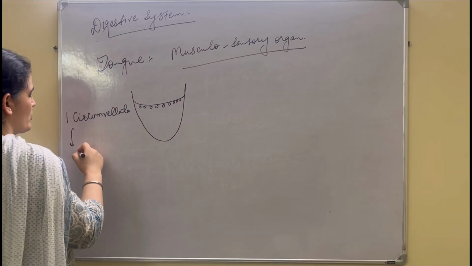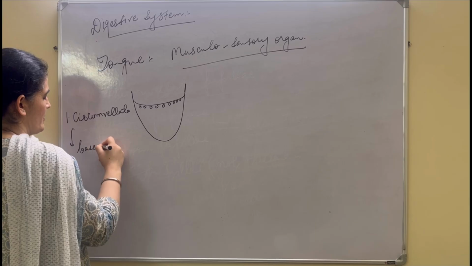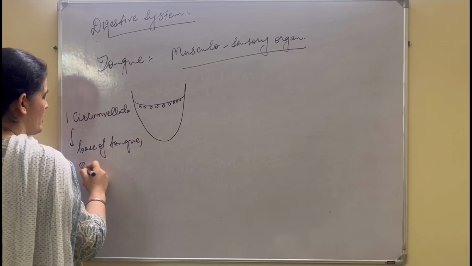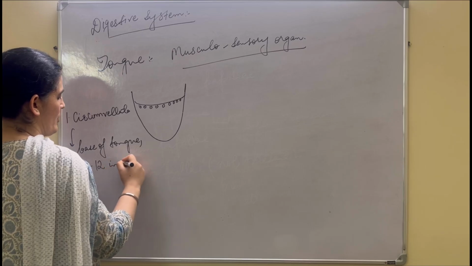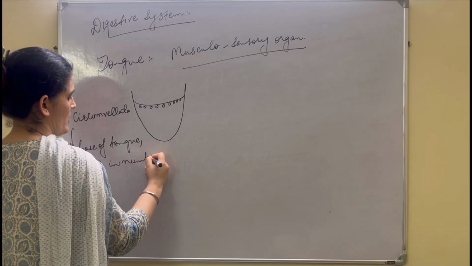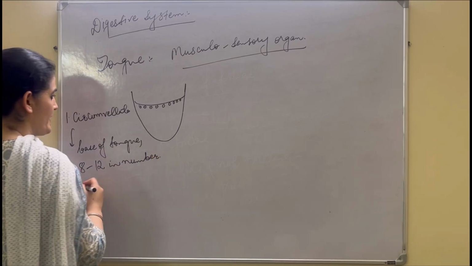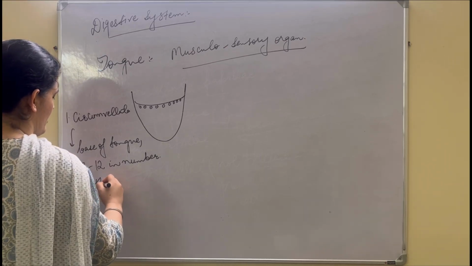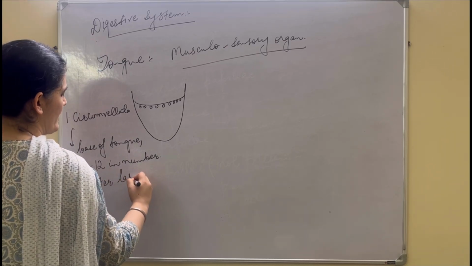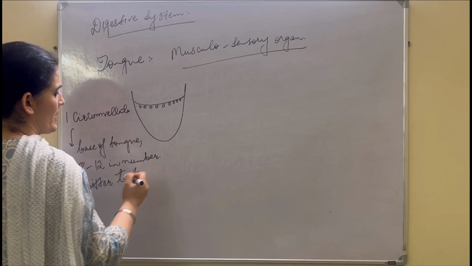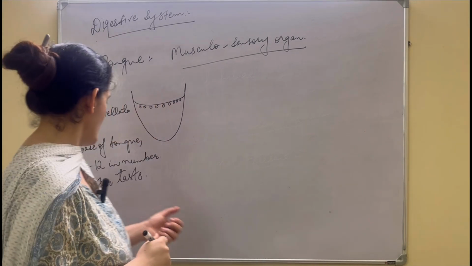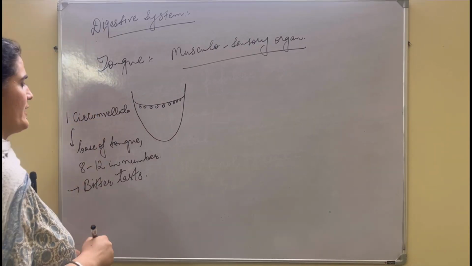They are 8 to 12 in number, and basically they help in detecting the bitter taste. We basically have 4 types of taste: sweet, salty, sour and bitter. So the bitter taste they help in detecting.